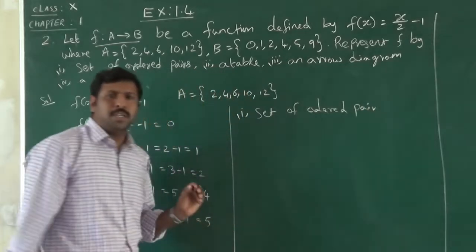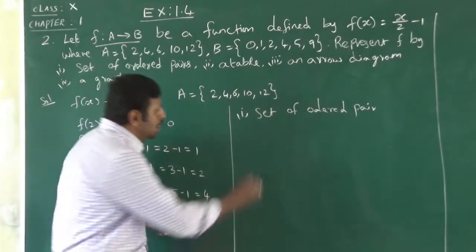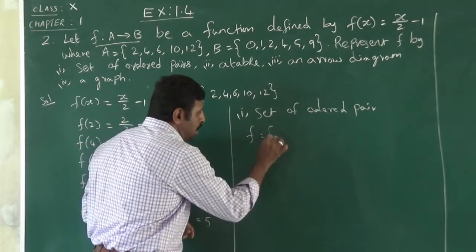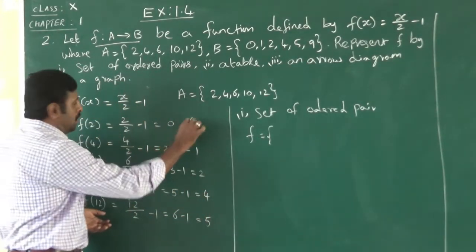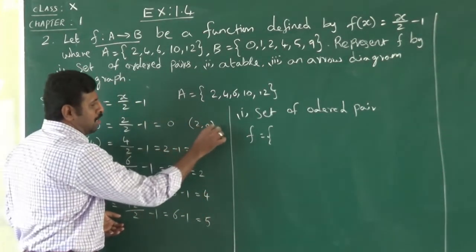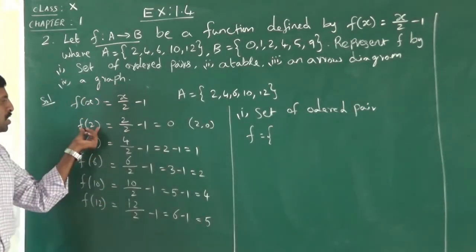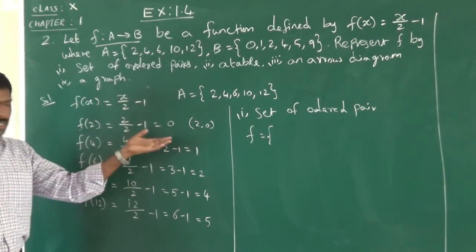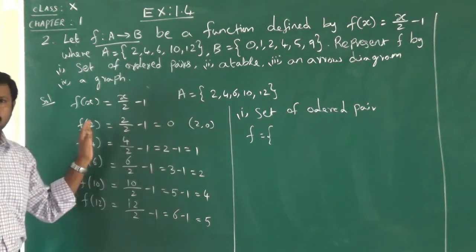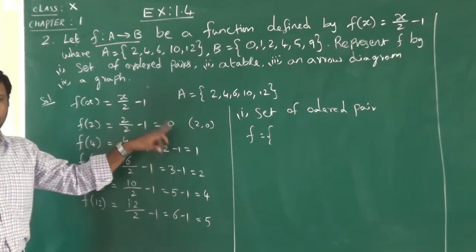First I write the set of ordered pairs. We know that here 2 comma 0 is an ordered pair. When the input is 2, its output will be 0. That is, f of 2 is mapped to the element 0.